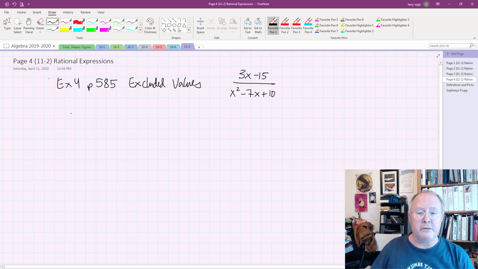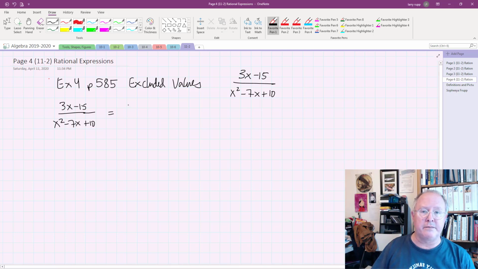All right, so the first thing we do when we simplify is we pull out common factors. Well, in this case, in order to simplify things, we have to pull out common factors on top, but we have to factor the denominator. 3x minus 15 over x squared minus 7x plus 10 is going to be equal, well, what can we pull out of 3x minus 15?